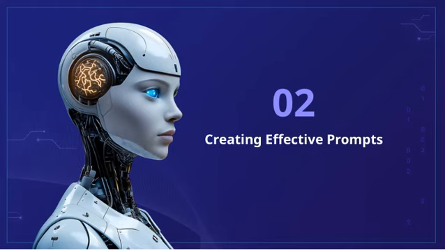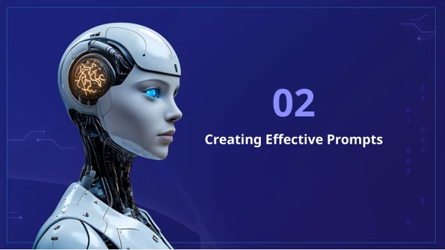Let's talk about creating effective prompts. First, it's really important to be clear and specific when formulating your prompts. The more precise you are, the better the AI can understand and deliver what you're looking for. Next, consider the context you provide. Giving background helps generate more relevant and accurate responses.